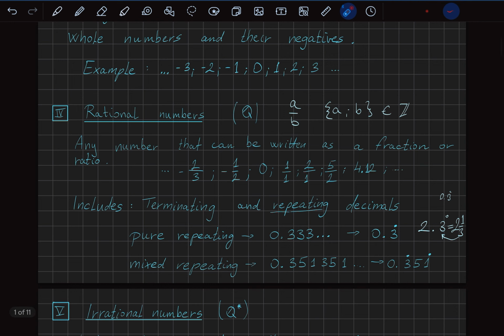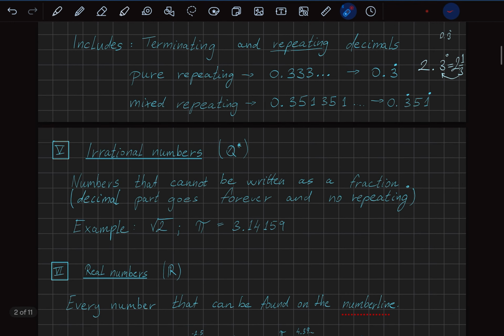Okay. Fifth, irrational numbers. The numbers that we cannot write as a fraction. The decimal part goes on forever with no repeating. Examples, the most common: pi, e, and the square root of 2.